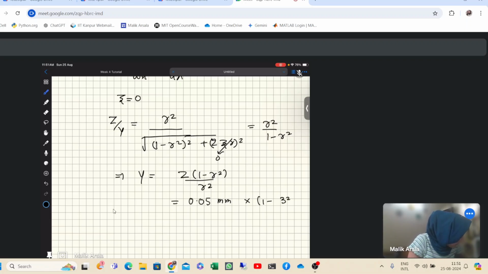Okay, basically we can write 3 square minus 1, which is 8 by 9. We can simply calculate it. It will come out to be 0.044 mm. Okay, in centimeters it will be 0.004 centimeter.